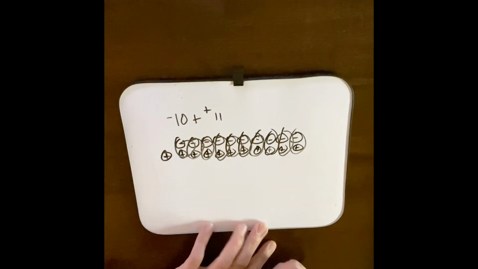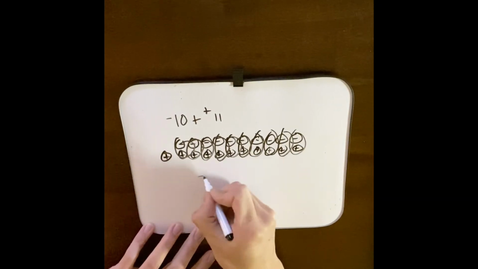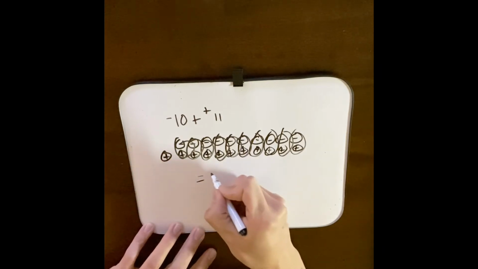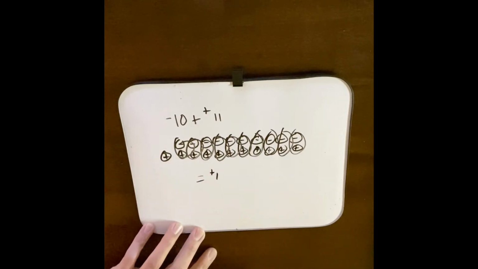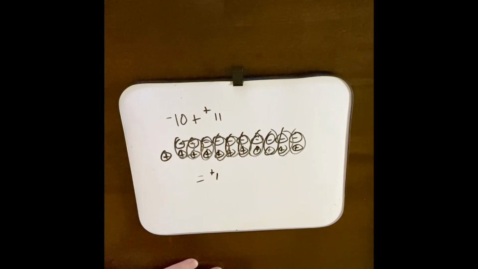And what are we left with? 1 positive. So our answer then would be +1. All right. So just showing you how easy it can be when we use these signs to add and subtract negatives. Well, add.